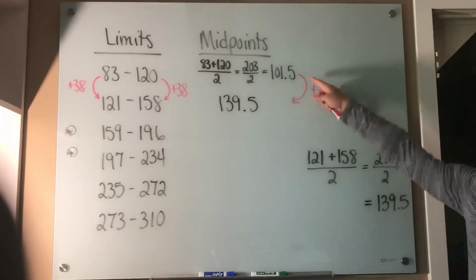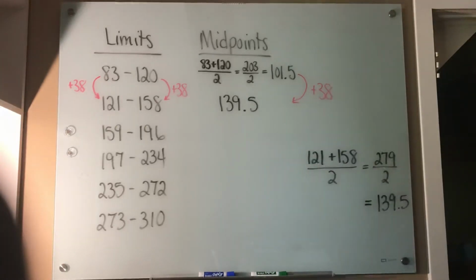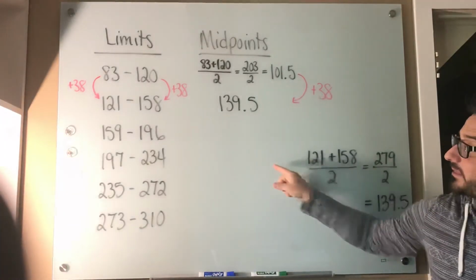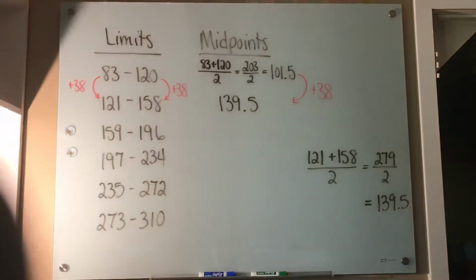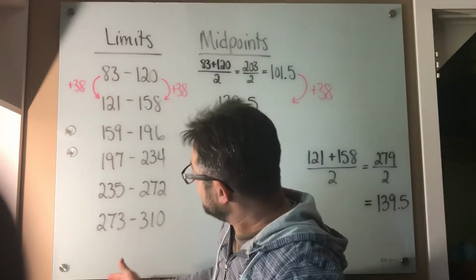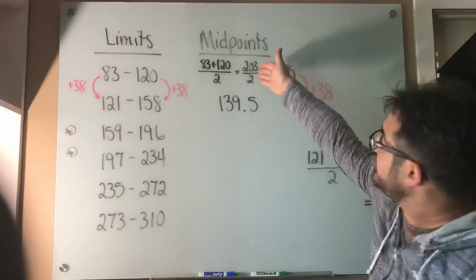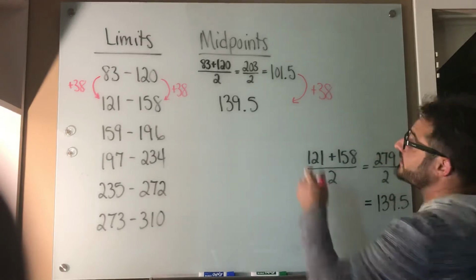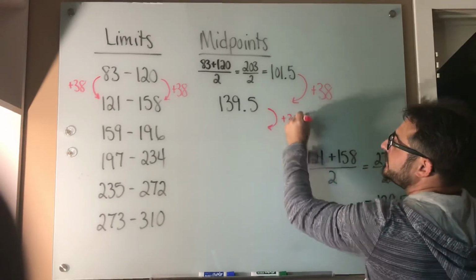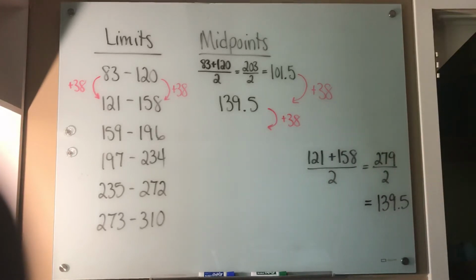But I would say this is probably a lot easier to manage than this. Certainly, considering we have 6 classes to do it for, I would rather just add 38 each time. So, much like the way we constructed the class limits, where we went downward, we will do the same thing here. We will simply add 38 going downward, and that will give us each successive class midpoint.